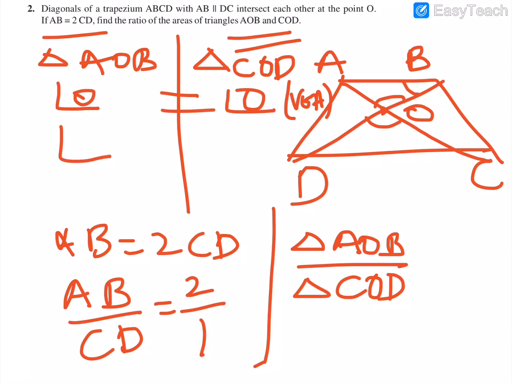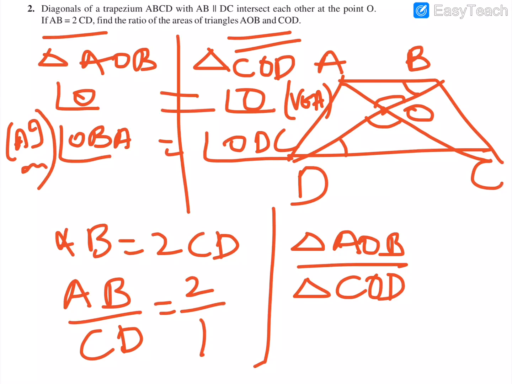Next you can write angle B is equal to angle C. Since near B we have two angles, it is better to write angle OBA is equal to angle ODC. Why? Because AB is parallel to DC and these are alternate interior angles. Instead of explaining all these things, simply you can write angle ODC because alternate interior angles.